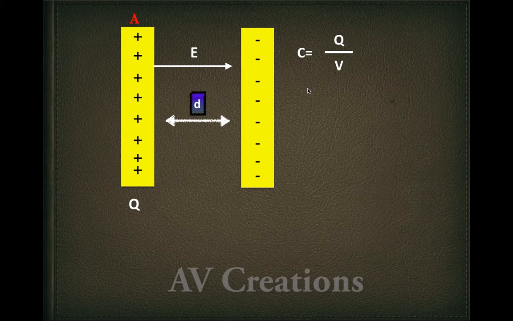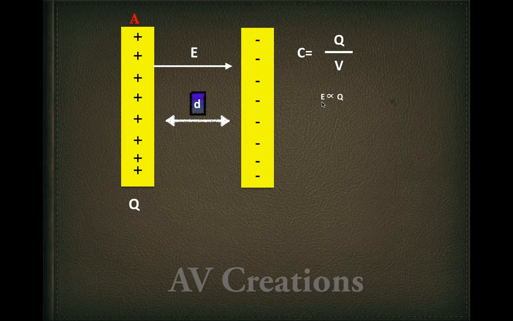The equation for capacitance C is Q upon V. Also, the strength of the electric field will increase with the strength of charge. If we are giving more charge, there will be more electric field. So we can write E proportional to Q.